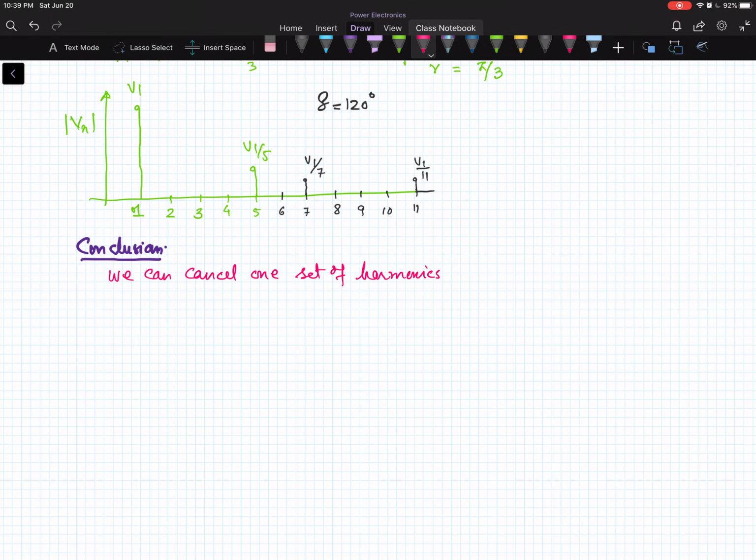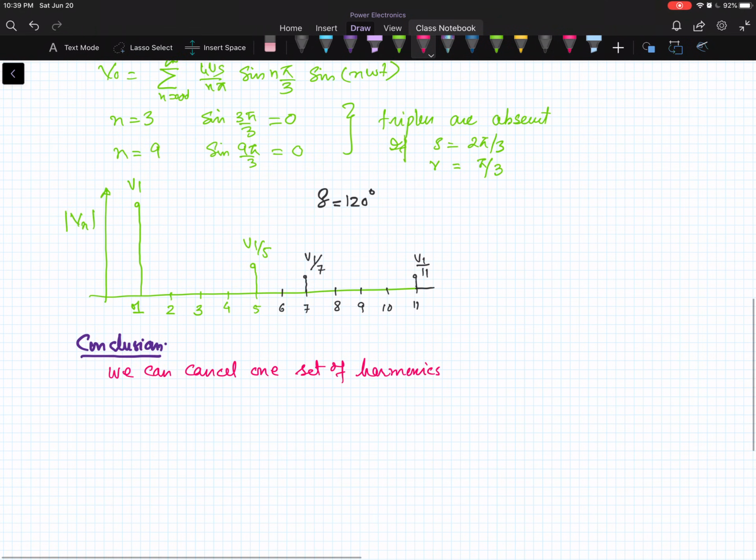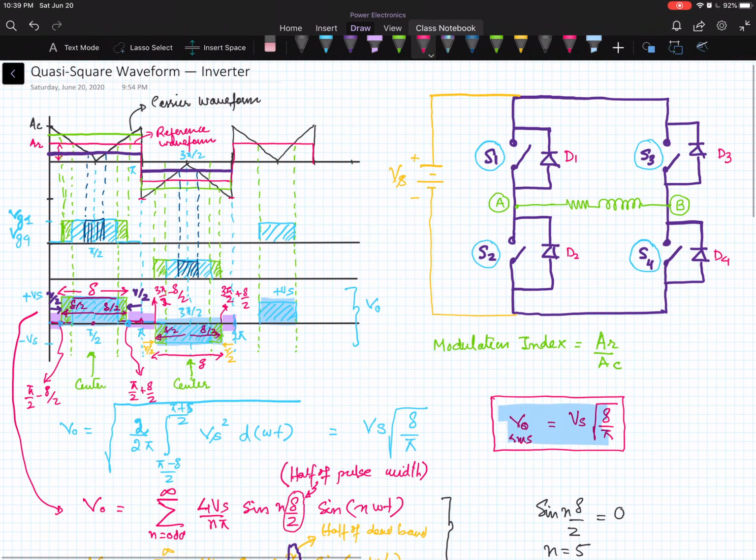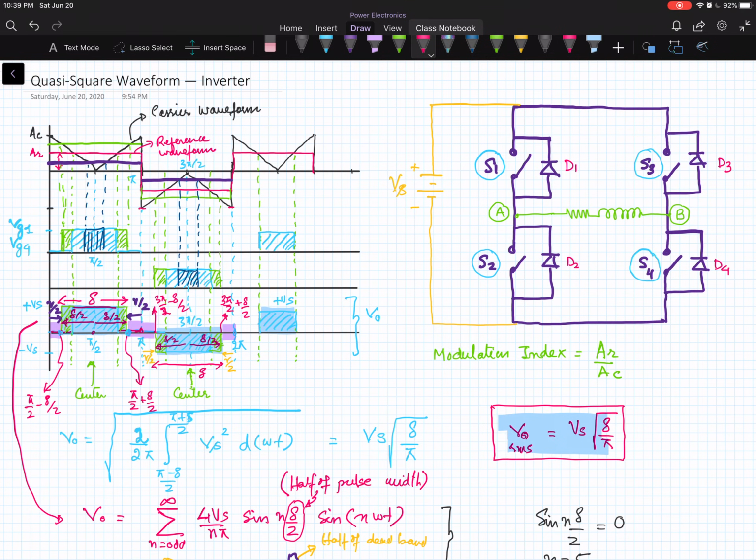And what I mean by a set of harmonics is that if I say the third harmonic, then all of its multiples; if the fifth harmonic, then all of its multiples; if the seventh harmonic, then all of its multiples, but one set at a time. If you are cancelling the third harmonic, the fifth harmonic will be present. If you are cancelling the fifth harmonic, the third harmonic will be present. So with the help of the quasi square waveform, you can cancel one set of harmonics by controlling the pulse width and the dead band in the inverter output voltage waveform.